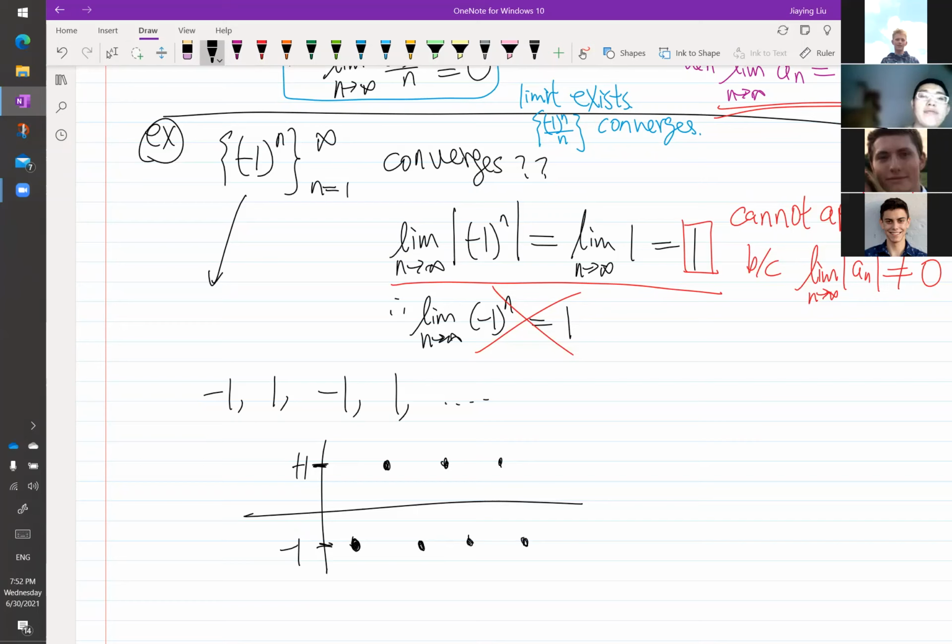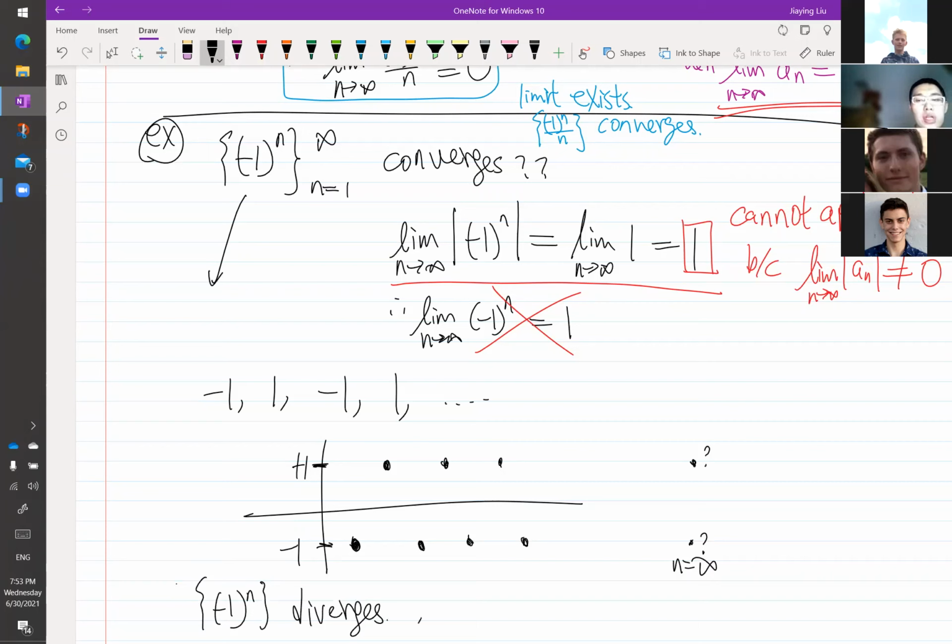Therefore, it never converges. It doesn't have a limit as n goes to infinity. So for n equals infinity, how do you know it's going to be here or here? We don't know, right? It's just always oscillating up and down, up and down. So the sequence does not converge. The sequence diverges.